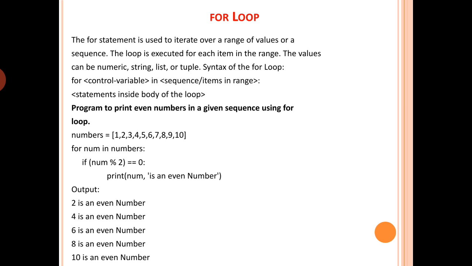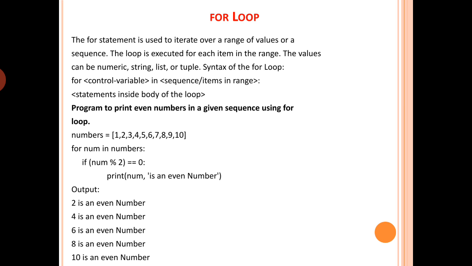The loop is executed for each item in the range. The values can be numeric, string, list or tuple. When all the items in a range are exhausted, the statements within the loop are not executed and the Python interpreter starts executing the statements immediately following the for loop.